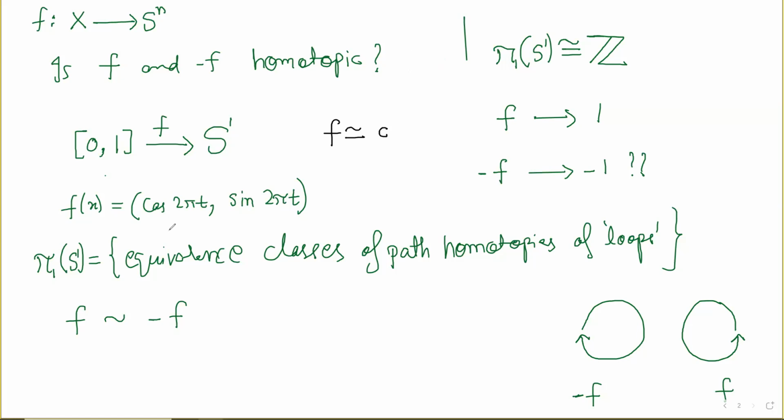It might be a very, very wrong thing that I just said. So maybe you can think of a homotopy because now you're free. You're not going to fix the base point. So h of x comma t.